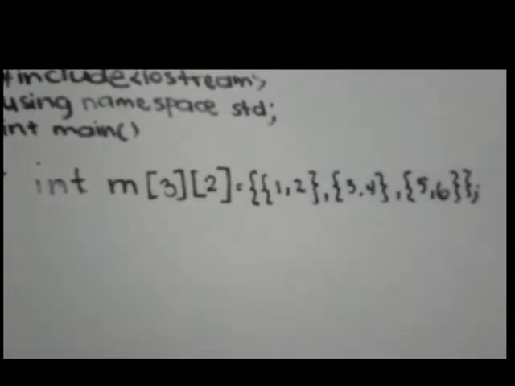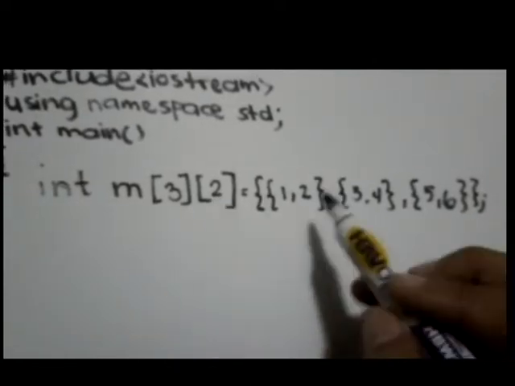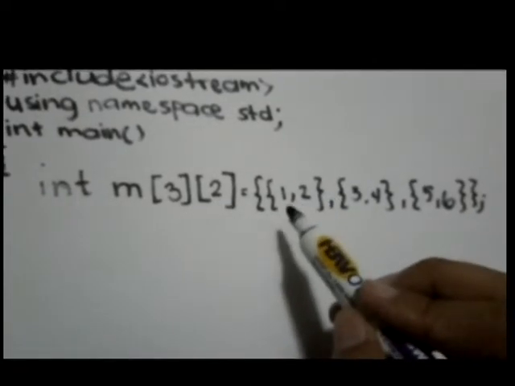Okay, so we have 3 here, so we have 3 sets of braces. Now we have 2 here, so inside the braces we have 2 values: 1, 2, 3, 4, 5, and 6.